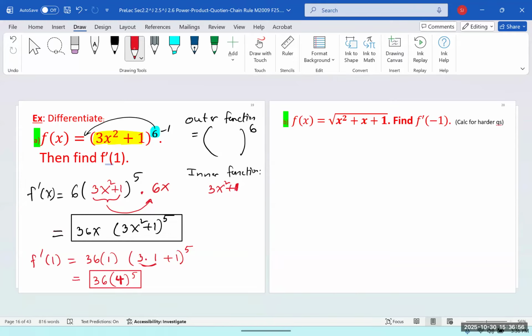The power for the outer function. 1/2, because it's the square root. So your step 1 should be to rewrite this using a power so that you can see the power. So x squared plus x plus 1, whole thing raised to the power 1/2. So go ahead, try to find the derivative.